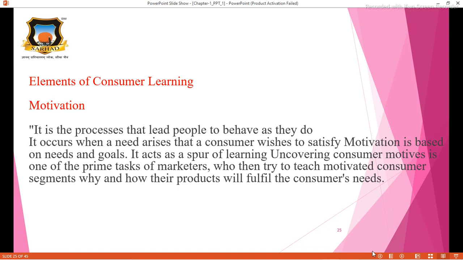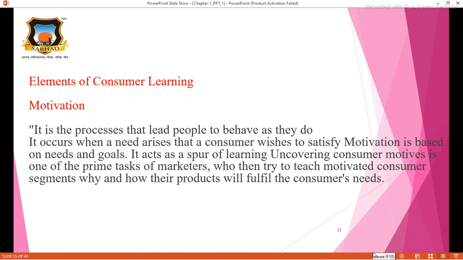It acts as a spur to learning. Uncovering consumers' motives is one of the prime tasks of marketers, who then try to reach motivated consumer segments, showing why and how their products will fulfill the consumer's needs.